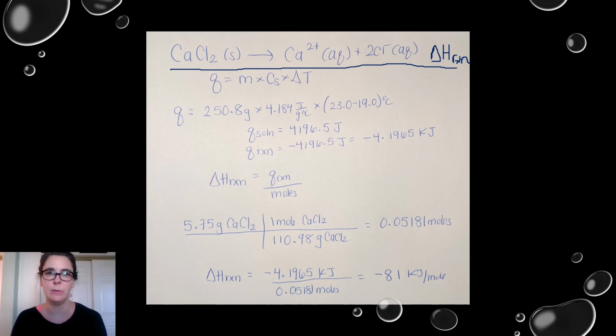So our final, which was 23.0, subtract our initial, which was the 19.0, and those are units of degrees Celsius. Okay, we multiply that through, and we get the Q of the solution was 4,196.5 joules.